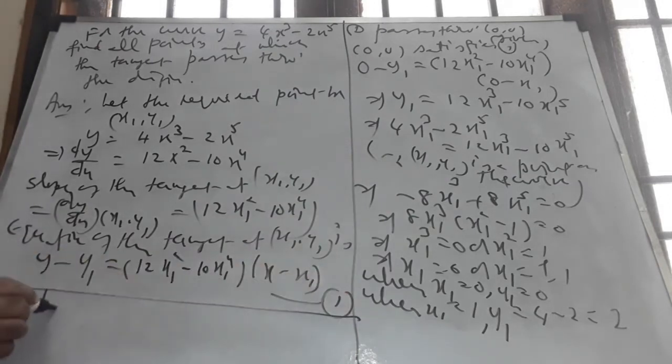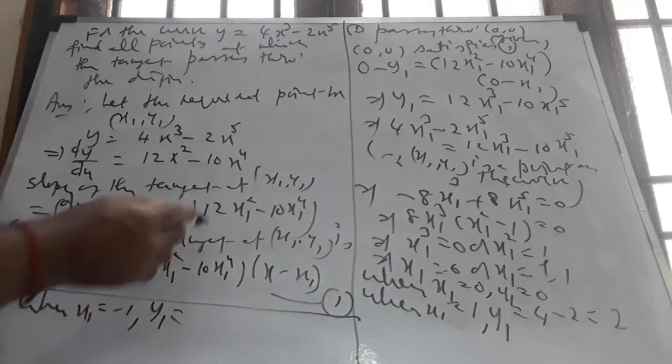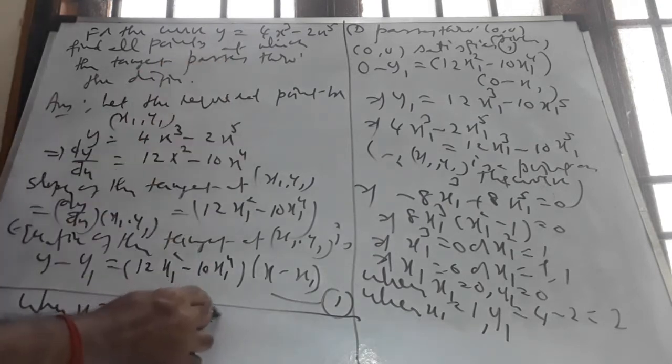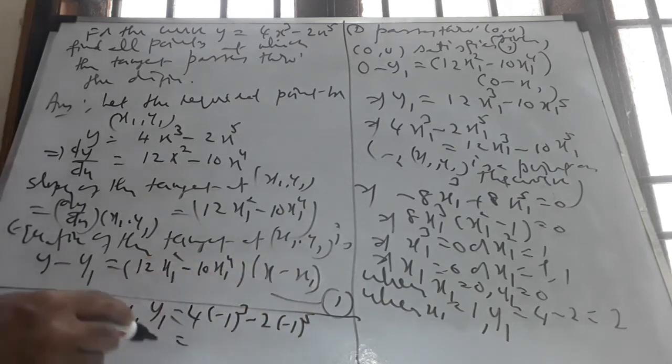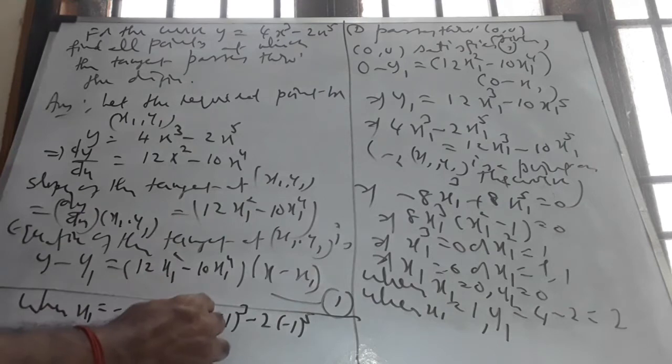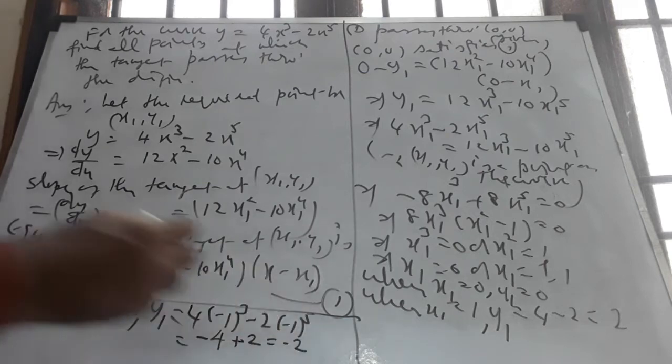When x1 is equal to minus 1, y1 will be 4 into (minus 1) the whole cube minus 2 into (minus 1) to the power 5, which is minus 4 plus 2, therefore minus 2.